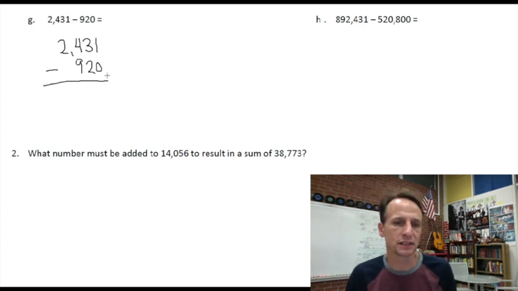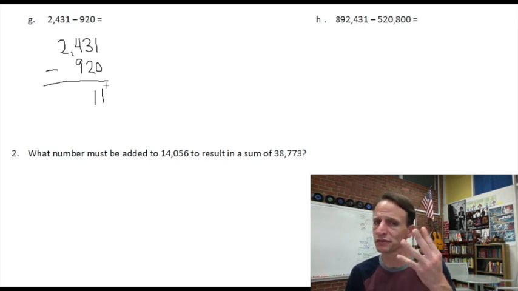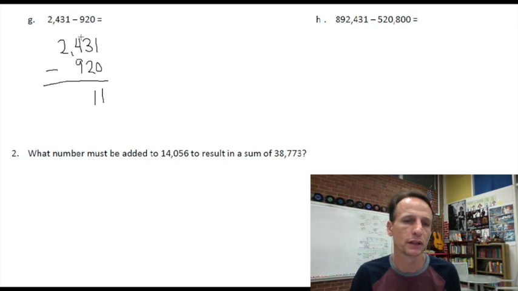1 minus 0 leaves 1. 3 minus 2, got it, 1. Now when I go to take 9 away from 4, I don't have 9. I need to regroup here. So I need to regroup with this 4. Go to the next highest place, leaving 1 there.